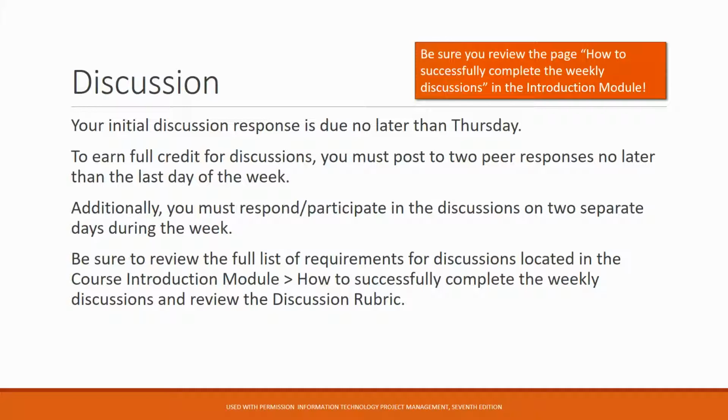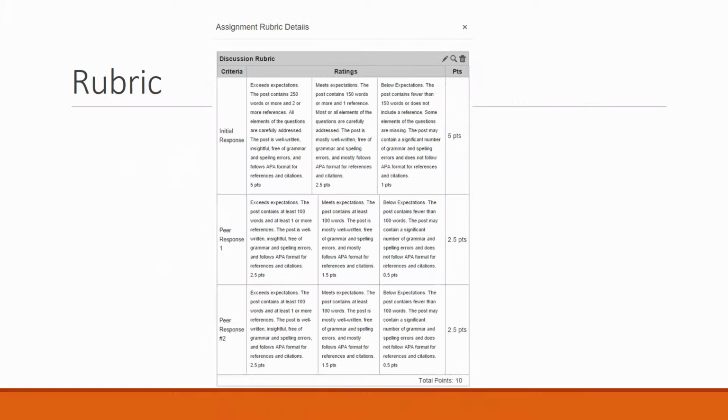You need to post on 2 different days of the week, and there is a full list of requirements for the discussions that are located in How to Successfully Complete the Weekly Discussions. Now, here's the rubric that I will be using to grade your discussions. Remember, the discussions are going to be 10 points apiece.